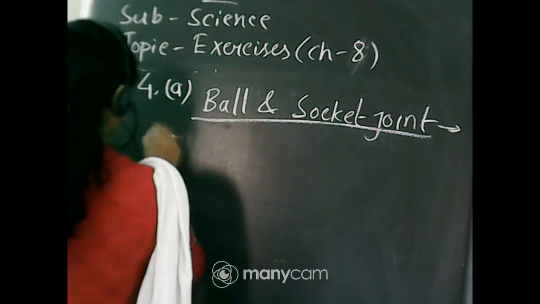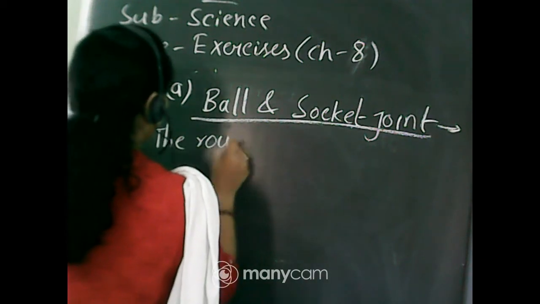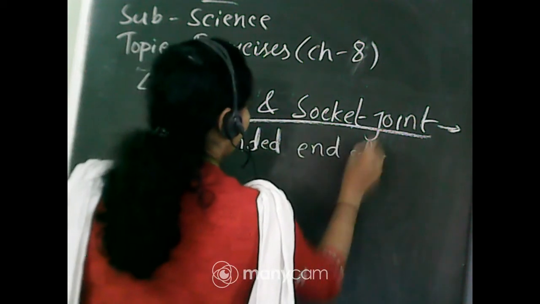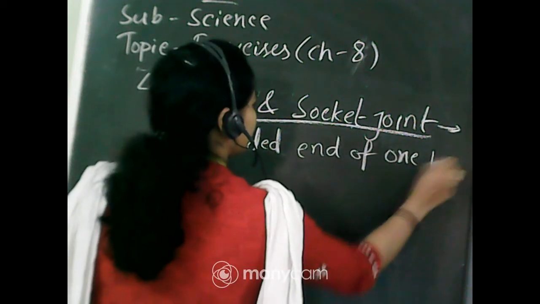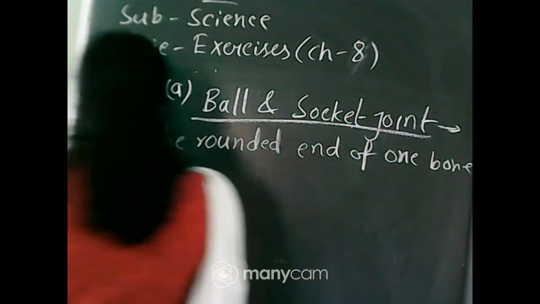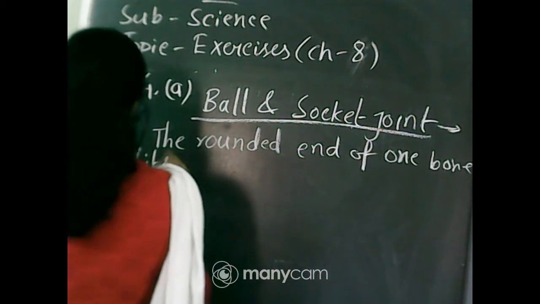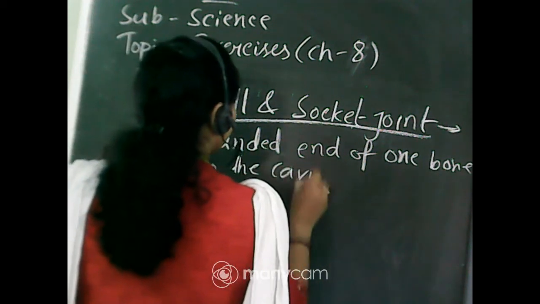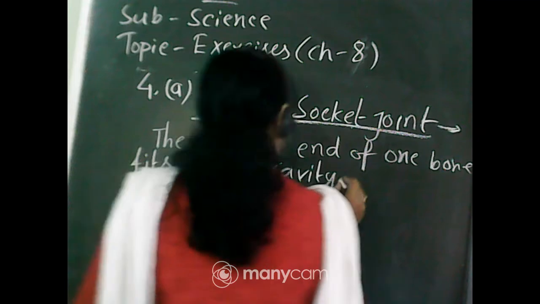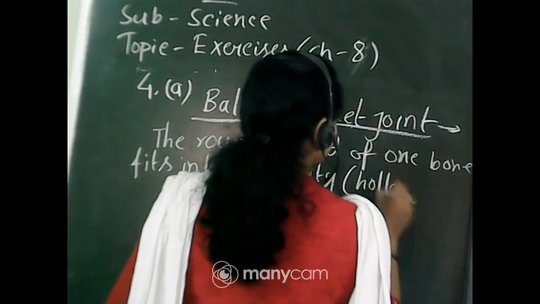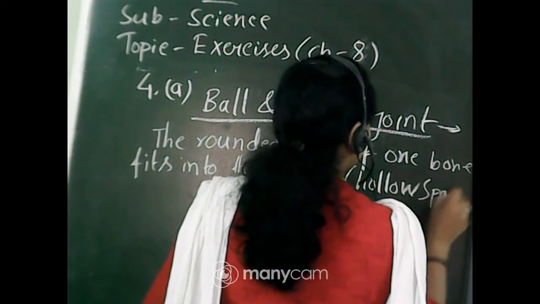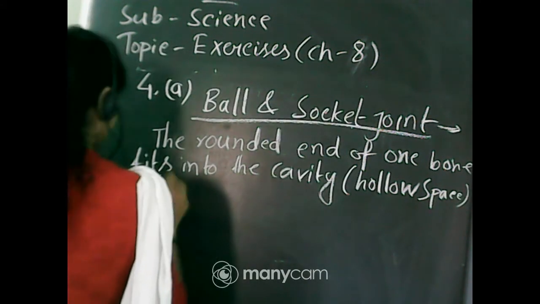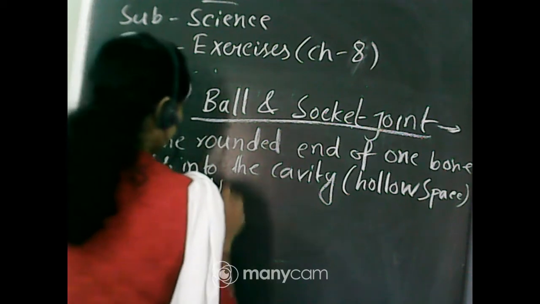You can write the rounded end of one bone fits into the cavity or hollow space of the other bone.